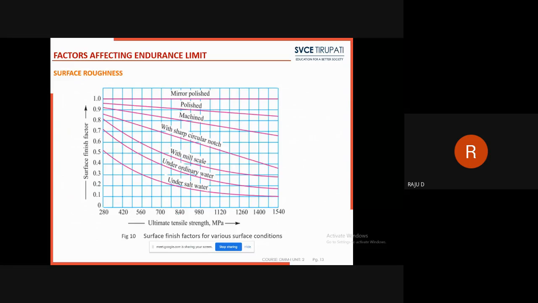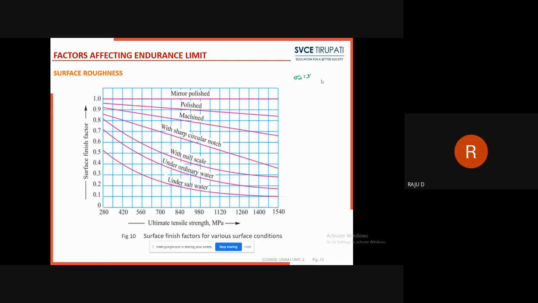Now, in our main examination, maybe they will give the ultimate stress value, for example, in our given problem, mild steel bar, sigma U is equal to 320 or 340 megapascal.